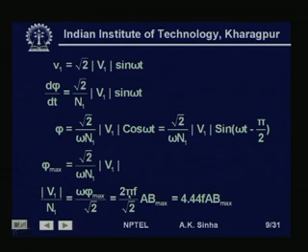So, V1 by N1 is equal to twice pi f by root 2 into A into B max, which is equal to 4.44 f A B max, which tells us that the voltage induced per turn on any transformer is proportional to frequency, the area of cross section, and the maximum flux density allowed in the core material. This is a very important relationship for designing a transformer, because this is going to tell what should be the volume of the core material.